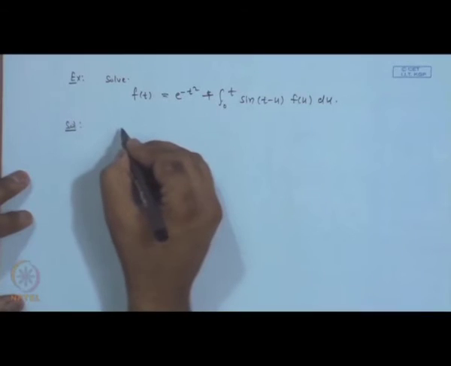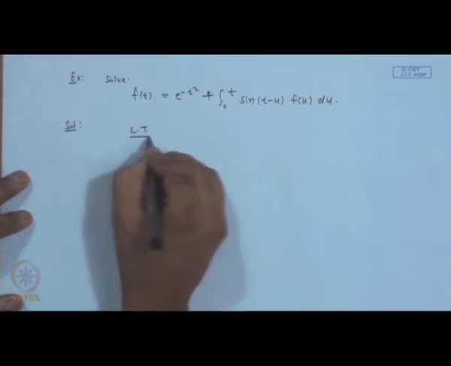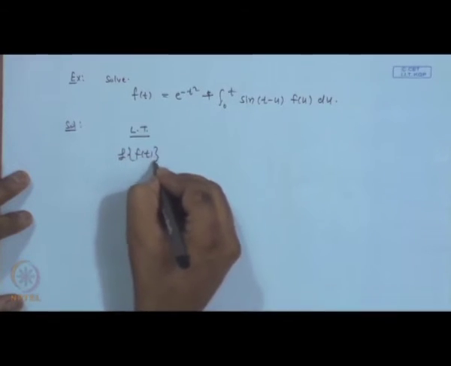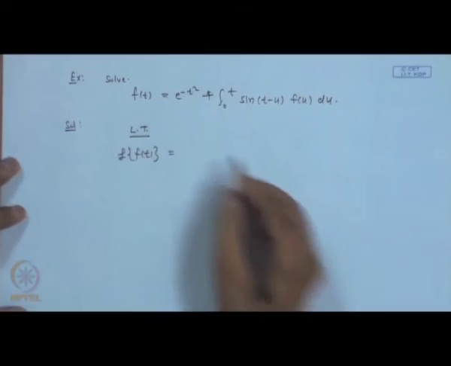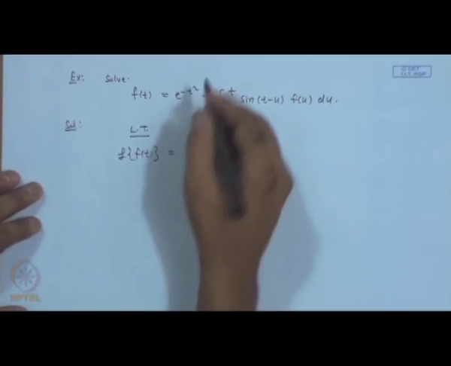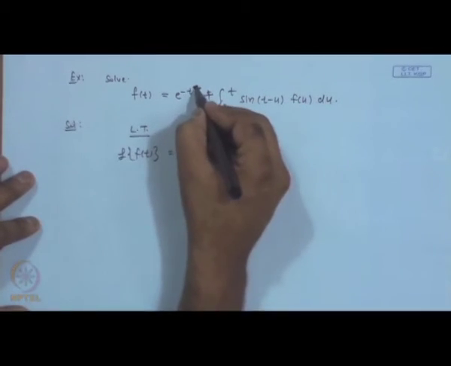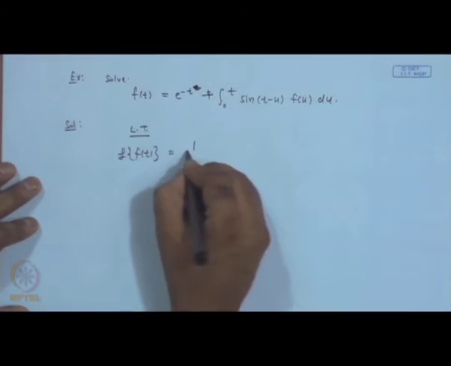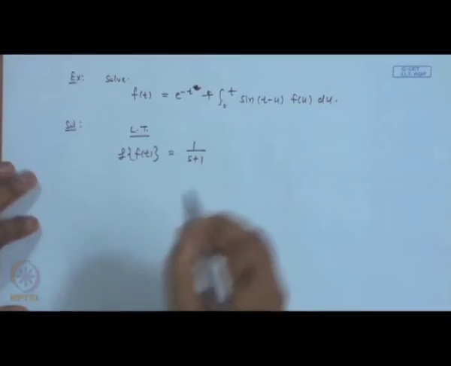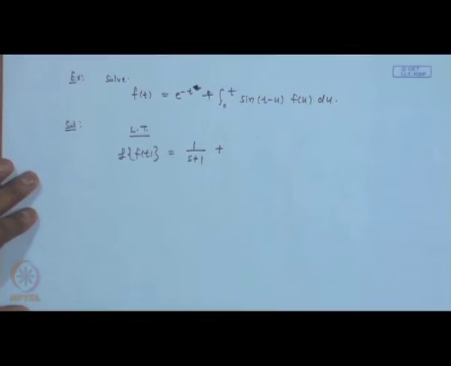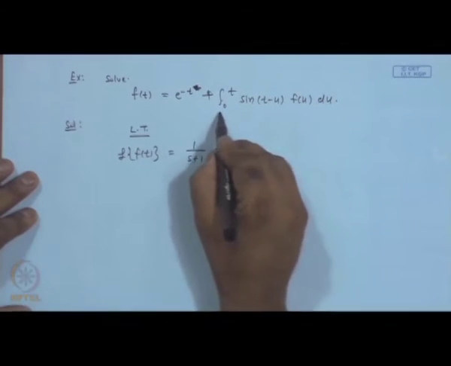If we apply the Laplace transform to this equation, we will get the Laplace transform of f(t), the Laplace transform of e^(-t), this is e^(-t), not t square. So, e^(-t), its Laplace transform is 1 over s plus 1. Now, this is the convolution integral.